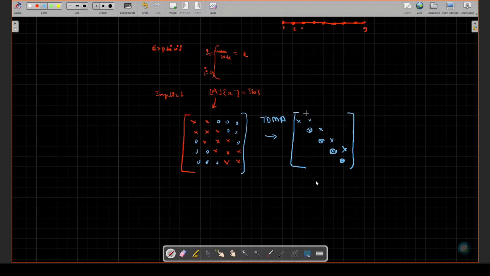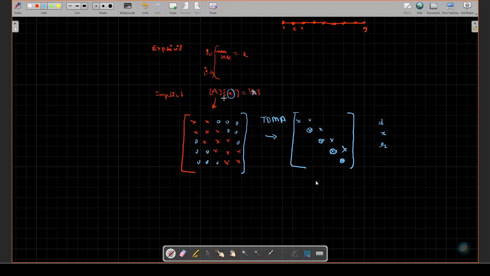So no need to store column and row wise the values of this. Use those simple equations for D and R and get the values of x1, x2, x3. These values, finally, you have to obtain.